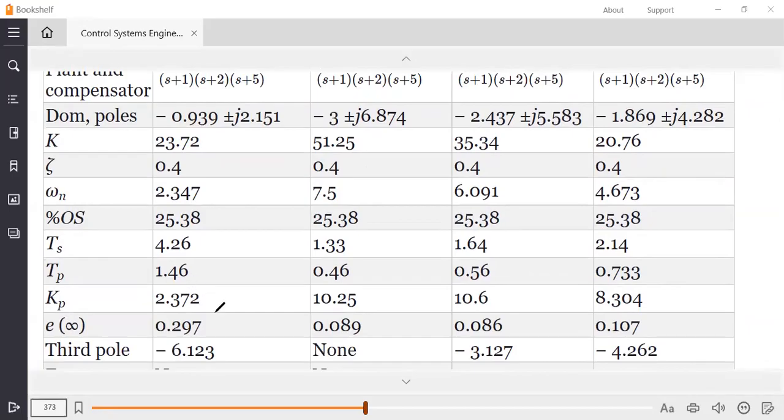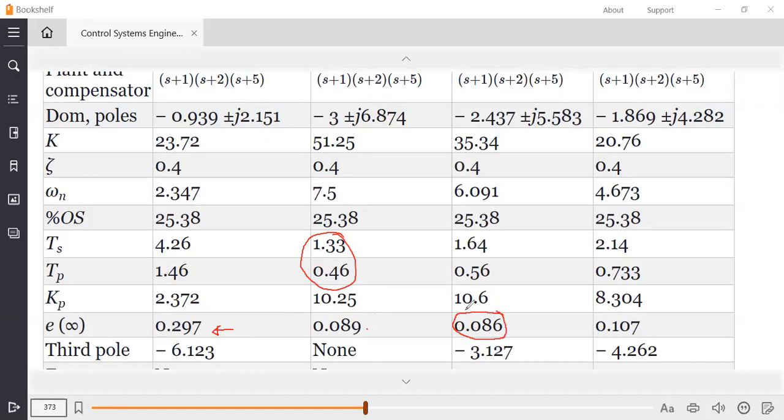Okay, so the uncompensated one was having 0.297, and then this one is giving you, because we are happy about these two results, but your steady state error compared to the other ones, this is giving you the smallest value.